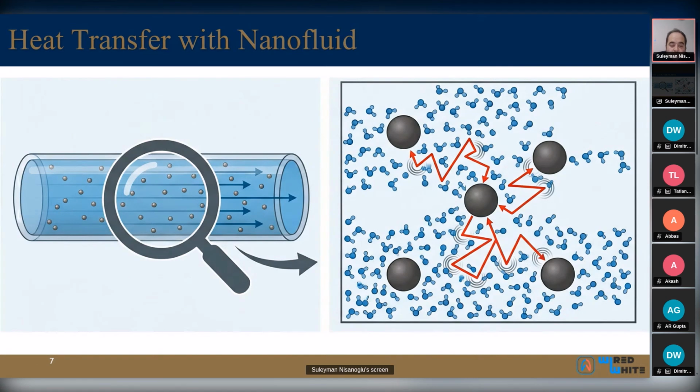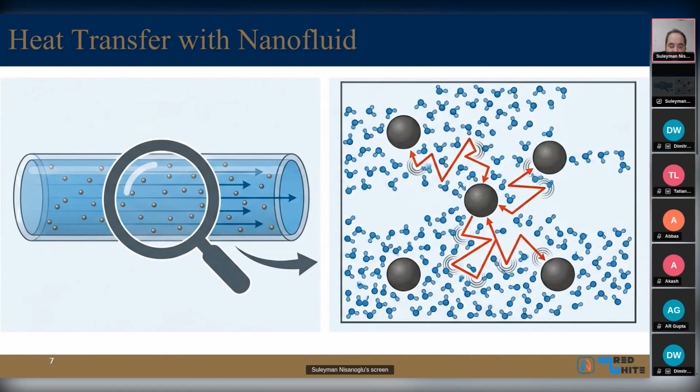Solid metals and metal oxides like alumina, however, are excellent thermal conductors. By homogeneously suspending these nano-sized particles in a liquid, we fundamentally alter its thermophysical properties. If you look at the magnified illustration, you see base fluid molecules surrounding the larger solid particles. Because these particles are incredibly small, they undergo intense Brownian motion.